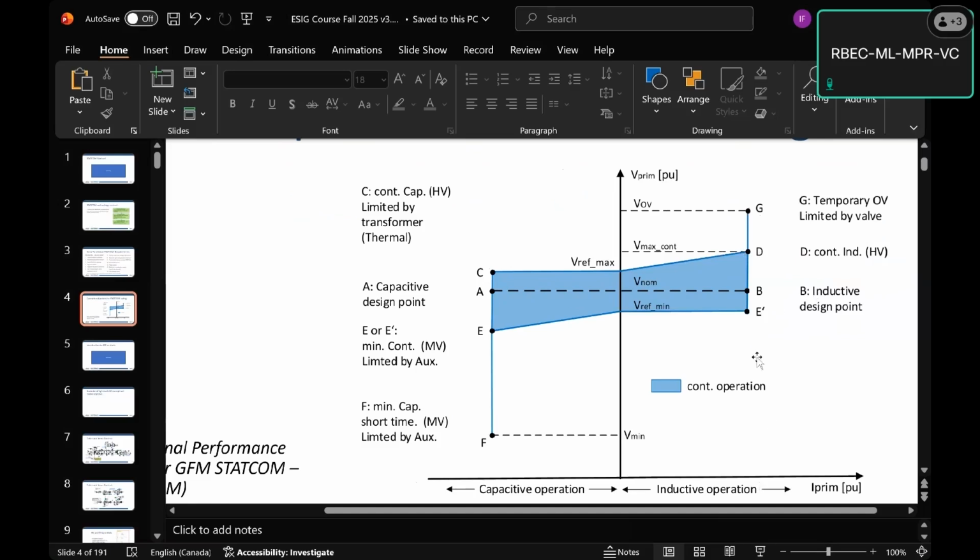As you hit the final limit here, this maximum voltage set point, maybe that's 1.1 or something, the STATCOM just stays pulling reactive current at its limit until you get to some design point G, which is going to be limited by the valve itself. So that's how much voltage is allowed on the STATCOM valve. Okay, so that's another cost point, but that might be fairly high voltage, 1.2, 1.3, yeah.